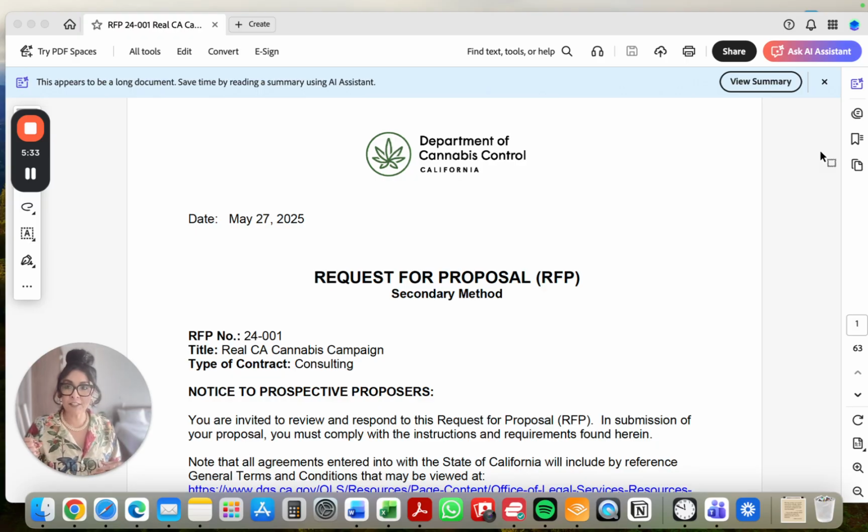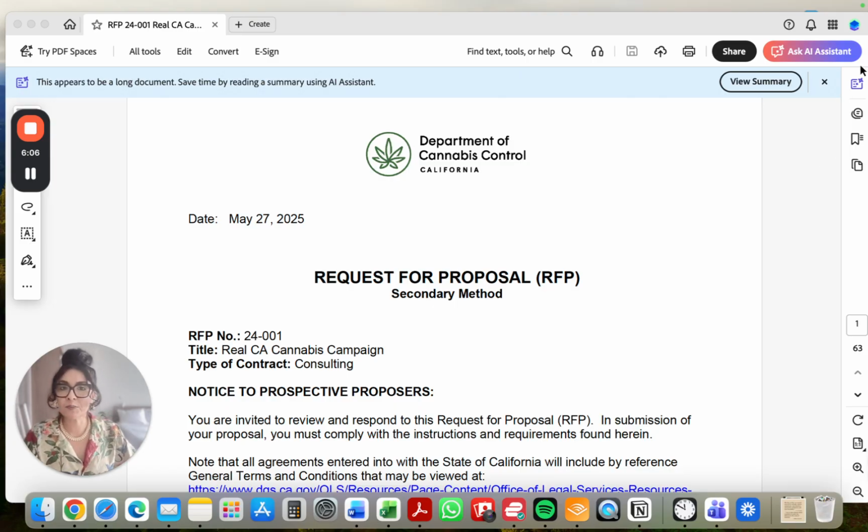The third part is the instructions to offerors, and that's the meat of your technical proposal: all of the questions and requirements that you need to respond to. And the fourth part is any other outstanding mandatory sections or requirements that need to be input into the technical proposal. Those are the four major parts that you want included in your proposal.